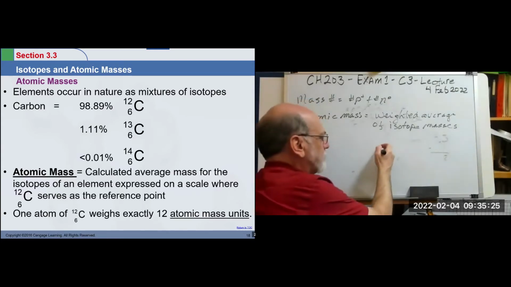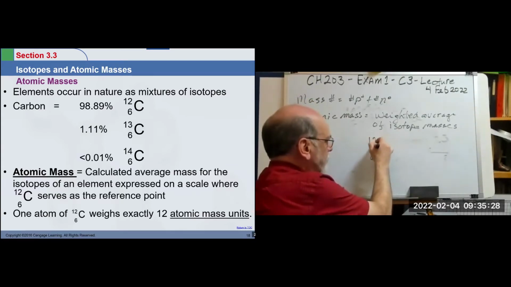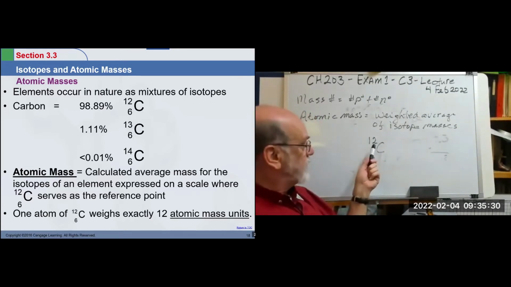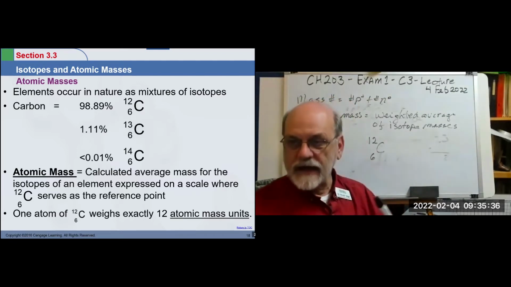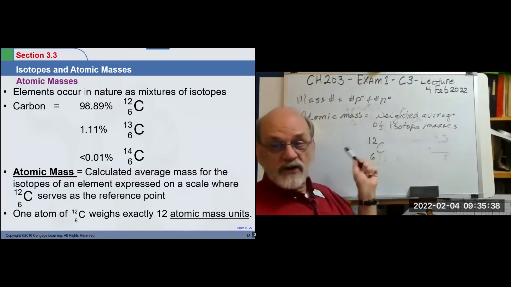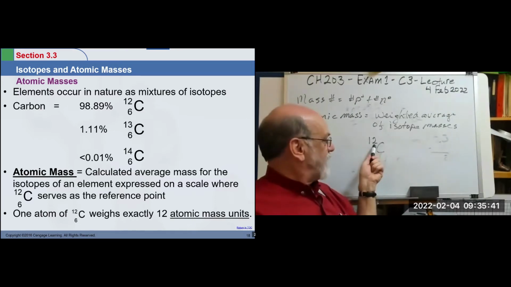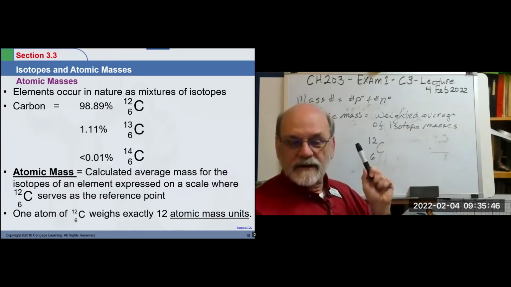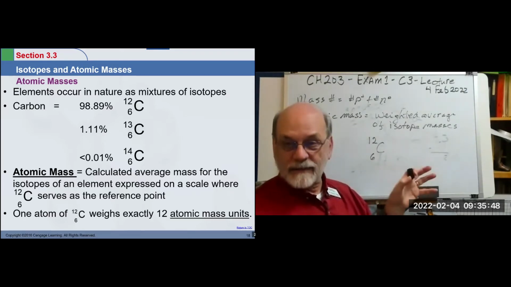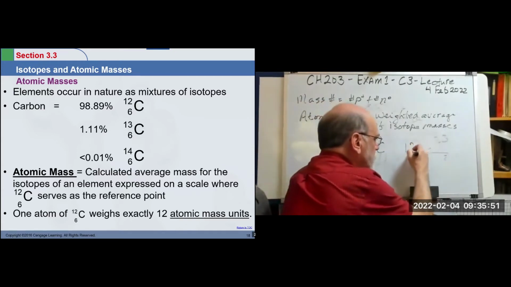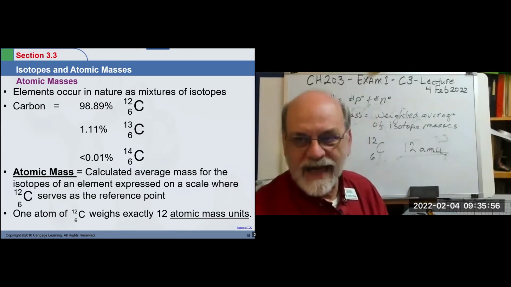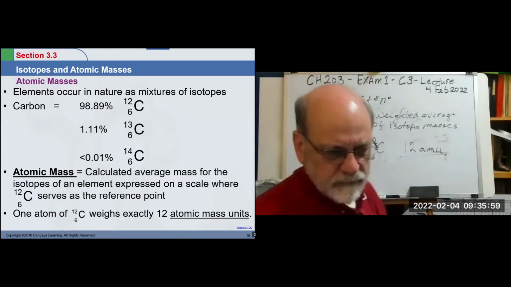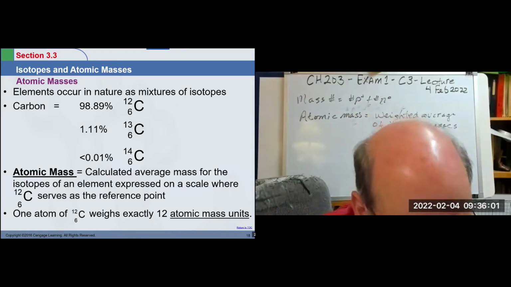So this one has a mass number of 12, but by convention, by agreement of the scientific community, this is our standard. That carbon isotope also has an atomic mass of 12 atomic mass units.